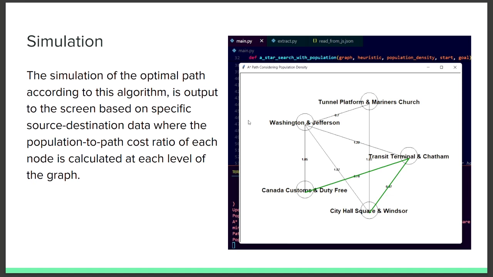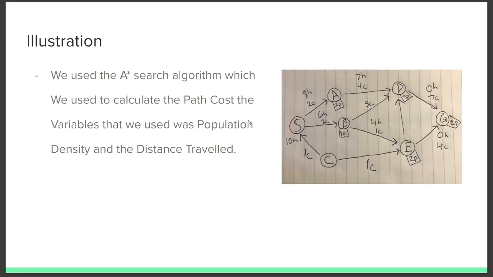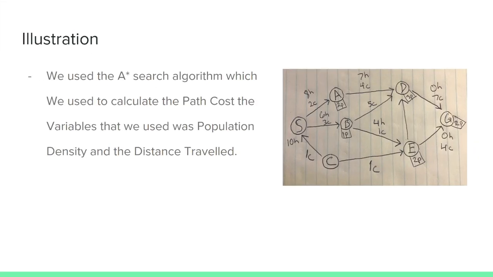The population data is negated initially as the minimum population to path cost ratio is taken into account, since the algorithm is built on the generic A-star search algorithm, where the minimum value should be tracked at every level of the graph and the higher population is taken into consideration at the same time, because the purpose of the algorithm is to serve more people with lower path cost at the same time.